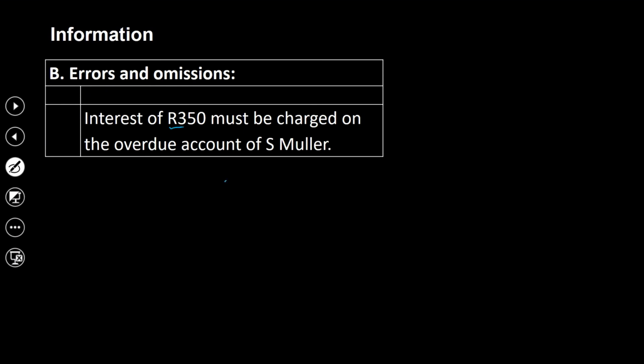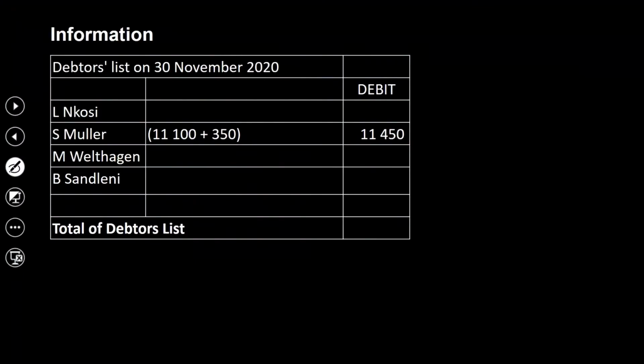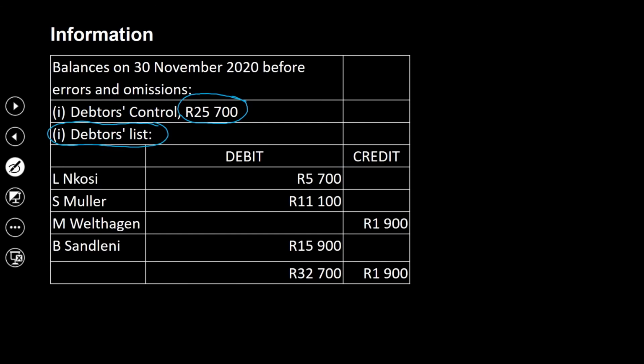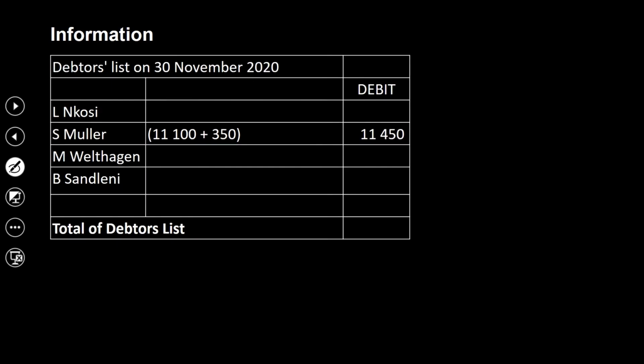Interest of 350 Rand must be charged on the overdue account of S. Miller. All right. Let's go into our information. We're given information. Remember we said S. Miller had a balance of 11,100. Let me just show you where we're getting it from. There's 11,100, given information.